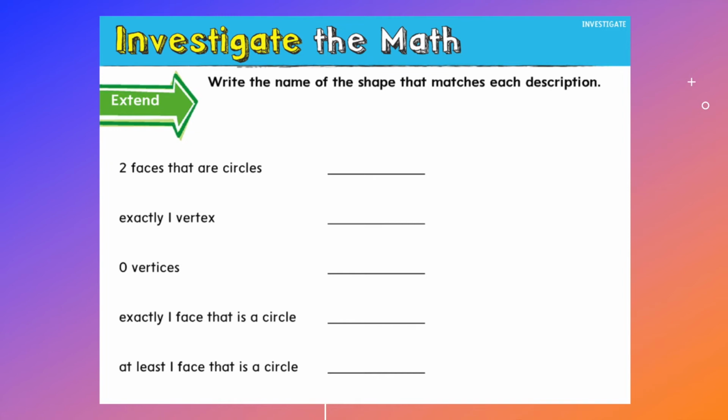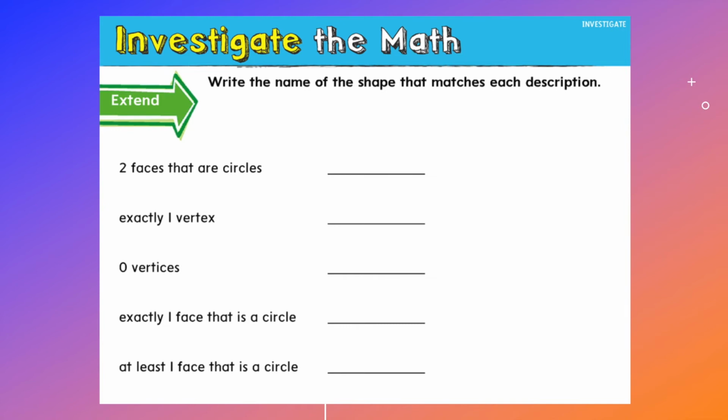What shape has 0 vertices? What shape has exactly one face that is a circle? And what shape has at least one face that is a circle? Do you have an answer for each of them?